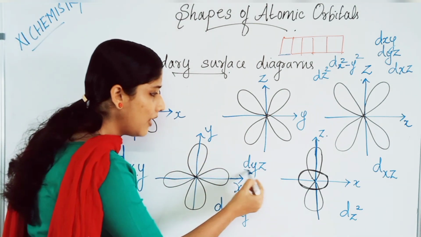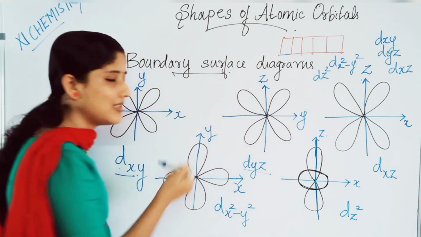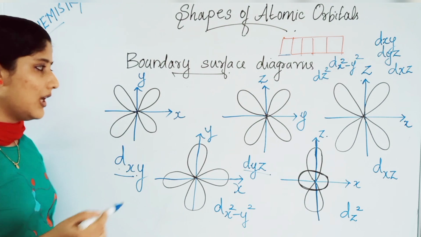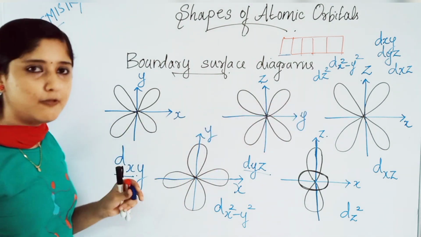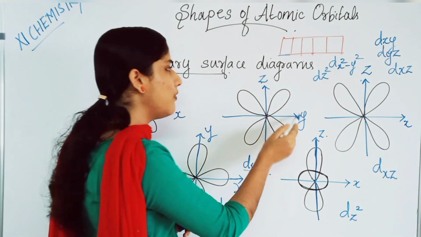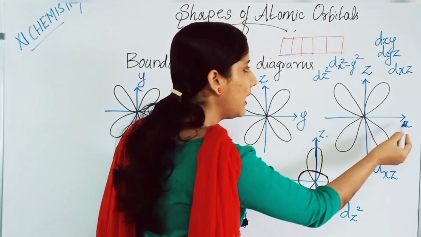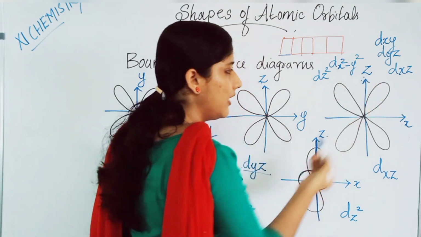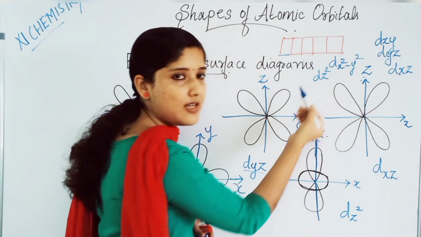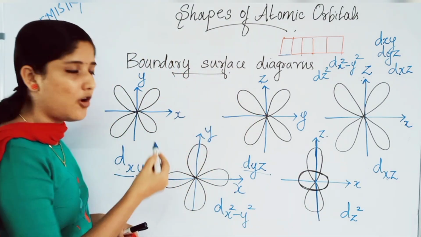For dyz the lobes are present in between the y and z axis. Look at the axes, all 3 are different. Here between x and z, it is dxz. These are the first 3 orbitals.